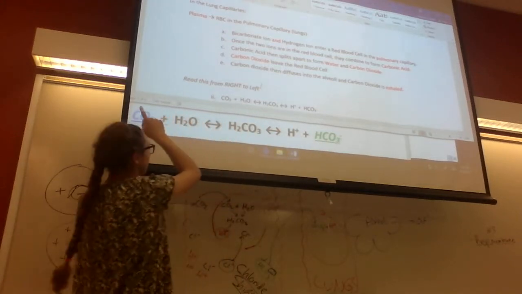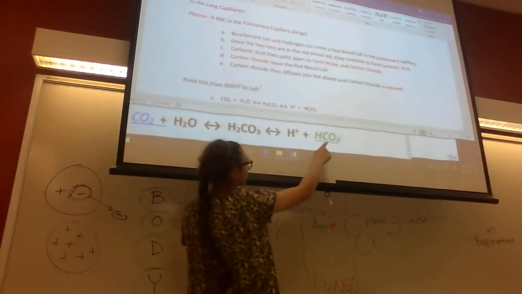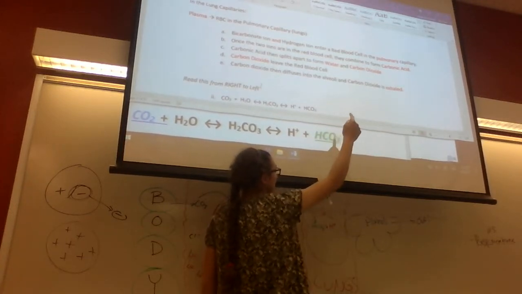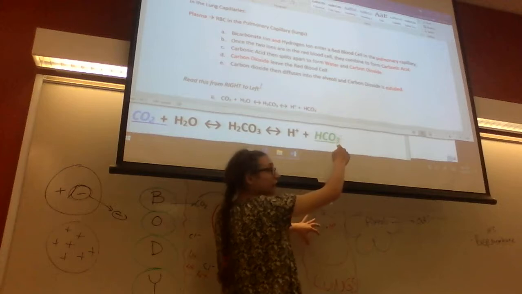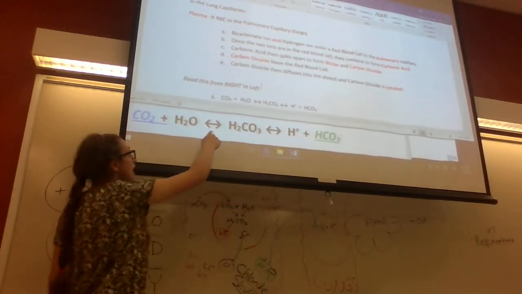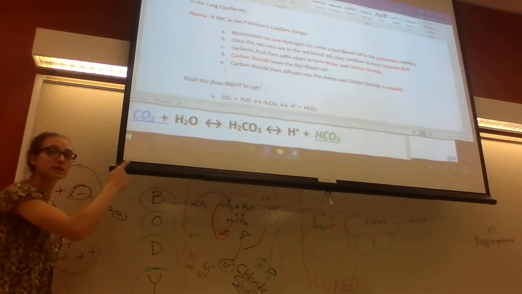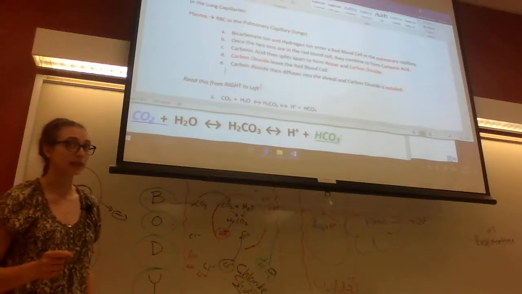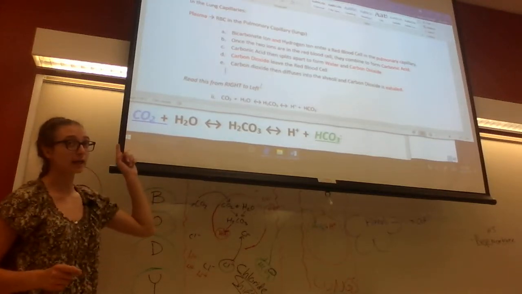So this is happening in your red blood cell. You produce bicarbonate ion, and then in your lung capillary, you're going to start with bicarbonate and hydrogen, and then we're going to produce carbon dioxide once again because we want to breathe carbon dioxide out, right? So that's why we're going in reverse.